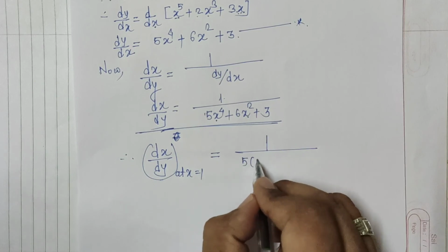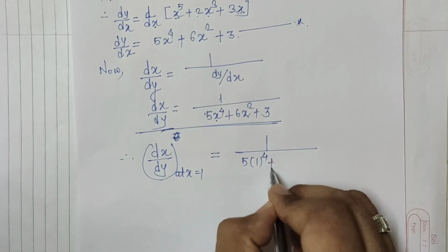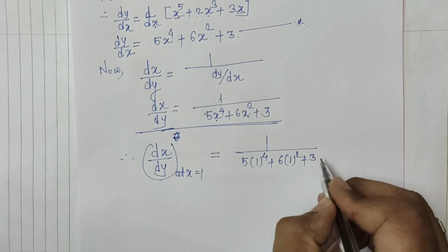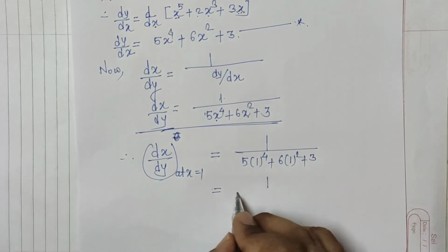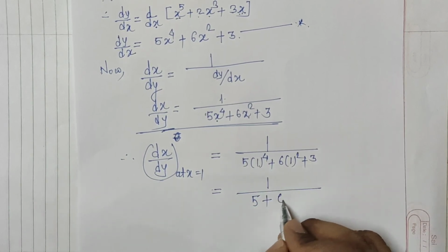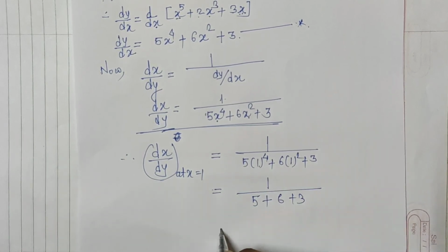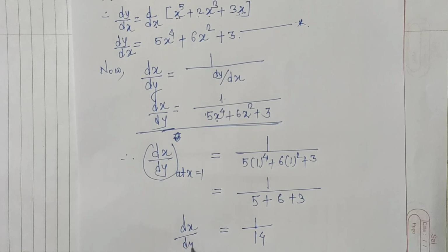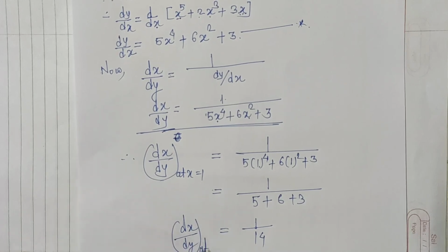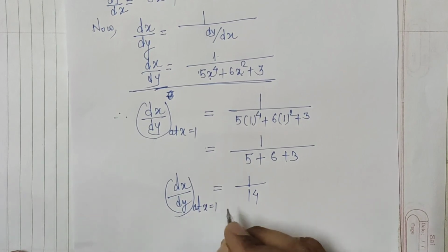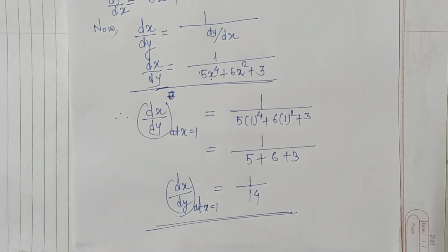So 5, 1 power is 1, then 6 plus 3, then 1 upon 14 is the required answer at the point x is equal to 1.